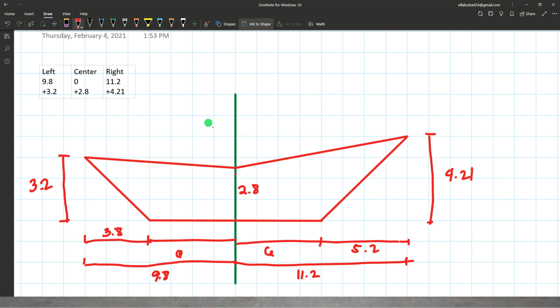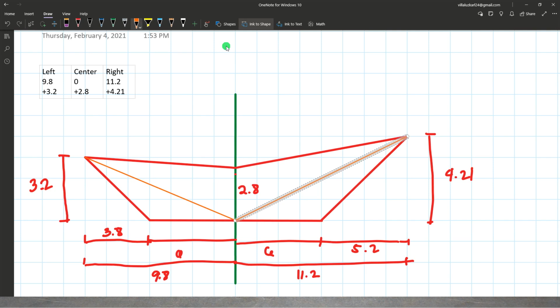So how do we compute the cross-sectional area of the roadway using the cross-section notes? The easiest way to compute the area is to divide it into several triangles by connecting that point here to the midpoint of the roadway, then another here, connecting that to that corner there.